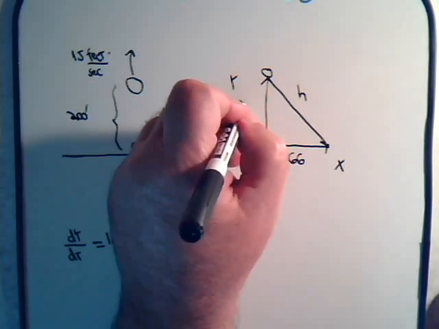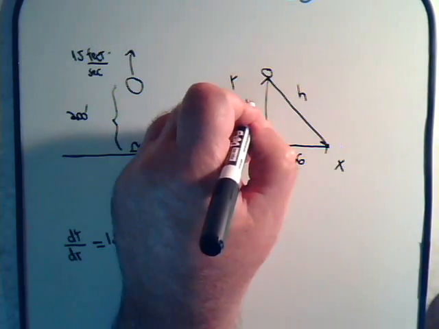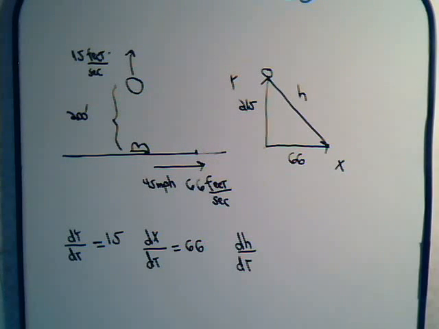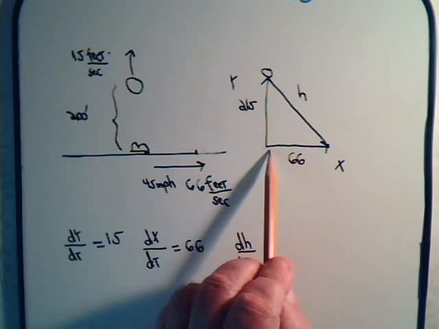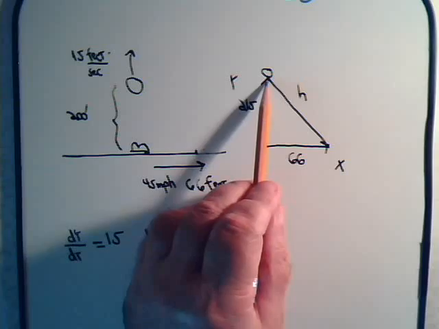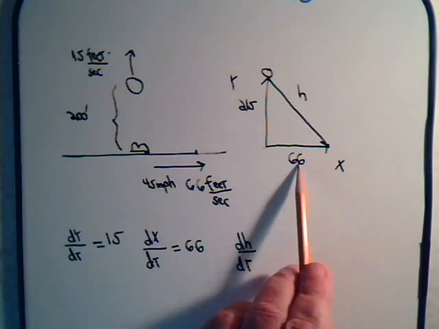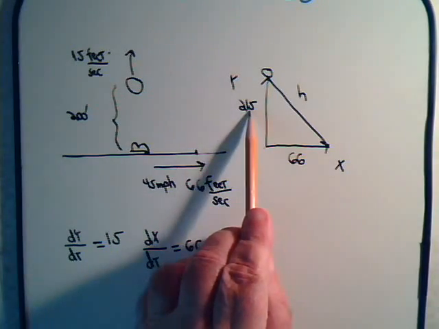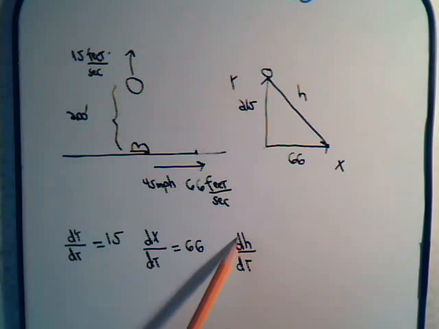So we know what dy/dt is, we know what dx/dt is, we know what x is, it's 66 feet, we know what y is, it's 215 feet. When x has this value and y has this value, what is dh/dt? That's what we have to solve for.